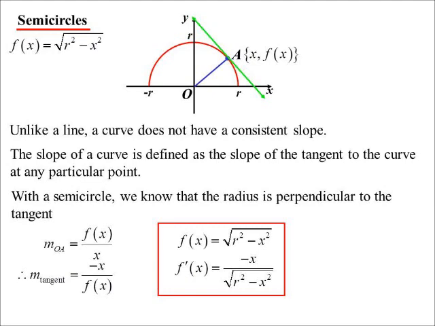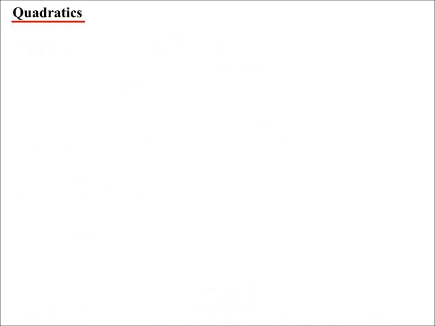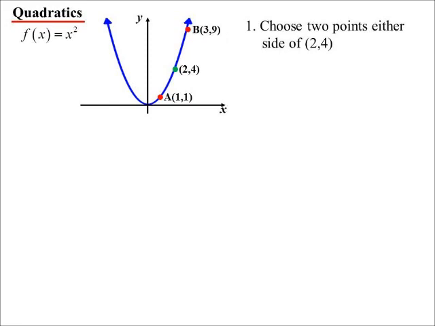And so to start off with, we're going to estimate it using secants. So let's have a look at a quadratic. Standard quadratic, y equals x squared. There's a particular point, (2, 4). So we know at x equals 2, the function value is 4. Our question is, what is the gradient or the gradient function at that point? So how can I do it? I do it by estimating. I'll choose 2 points, one either side of the point (2, 4). I'm going to choose mine symmetrically, so I'm going to choose the point (1, 1) and the point (3, 9).